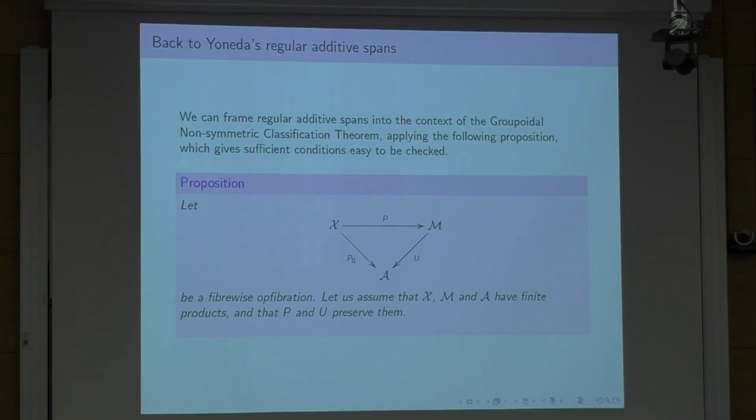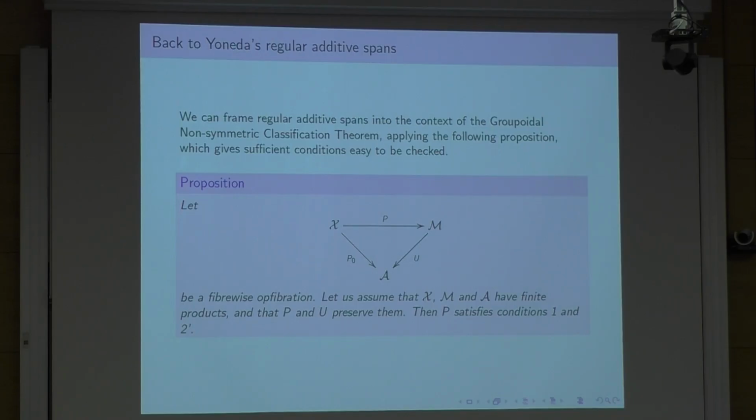So if you start with the fiber-wise opfibration, and you assume that you have finite products, and that P and U preserve them, just preservation of finite products, then P satisfies conditions 1 and 2 prime. So that you can apply to this situation our main theorem.